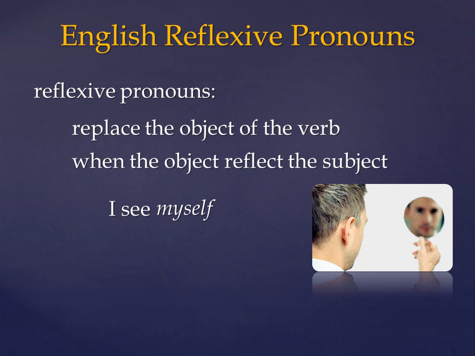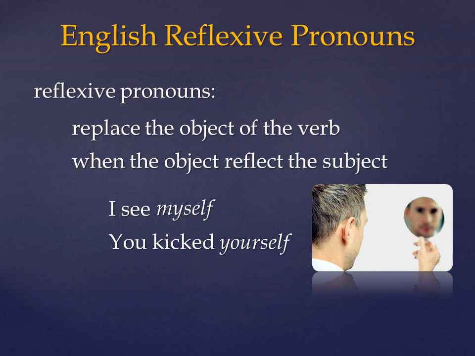Notice how if the subject is in first person, the reflexive pronoun will also be in first person, and an example in plural would be you kicked yourself. Now, reflexive pronouns can be used to replace any type of grammatical object.